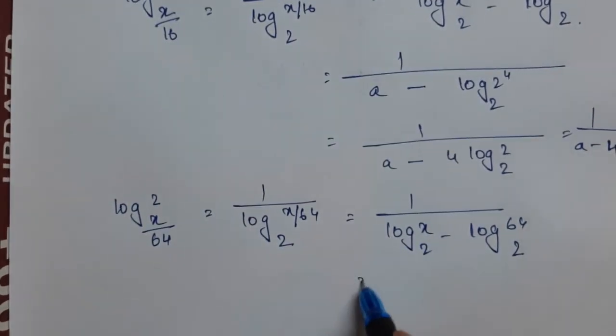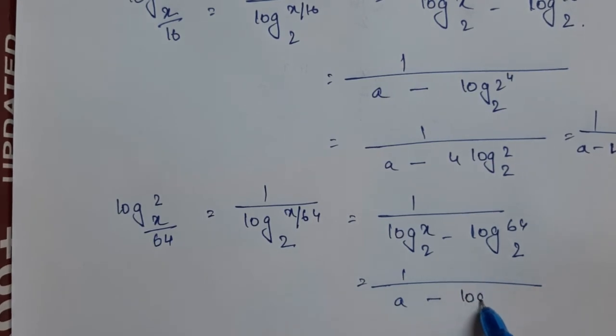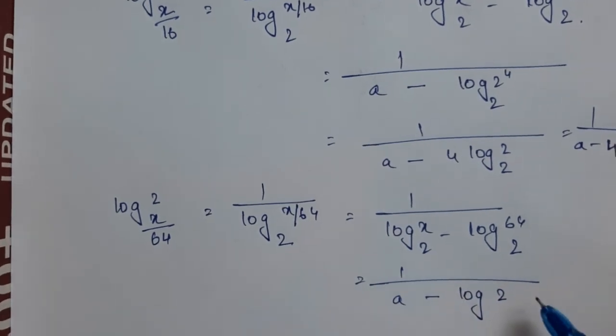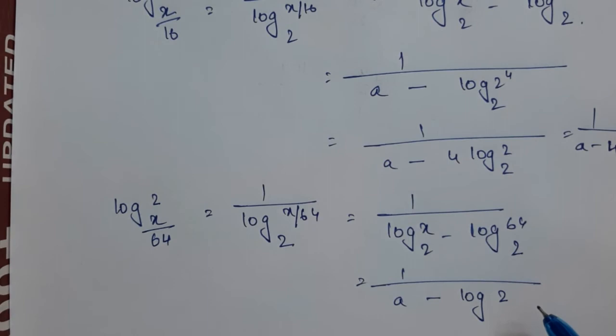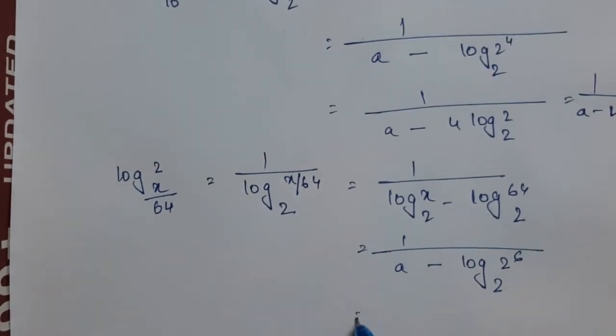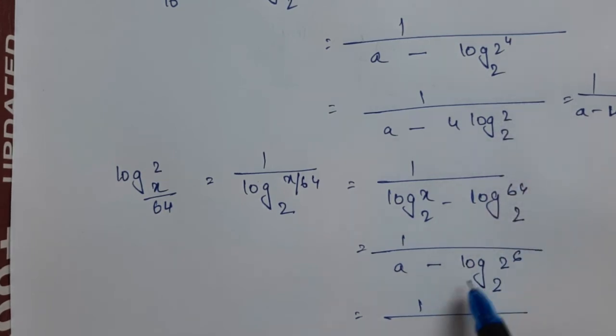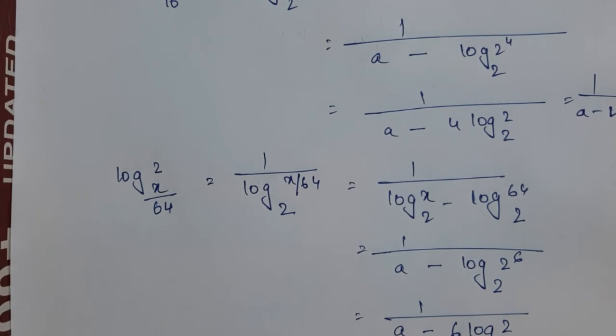So log of x to the base 2 is a, and 64 can be written as 2 to the power 6, and log of 2 to the base 2 is 1, so the result is a minus 6.